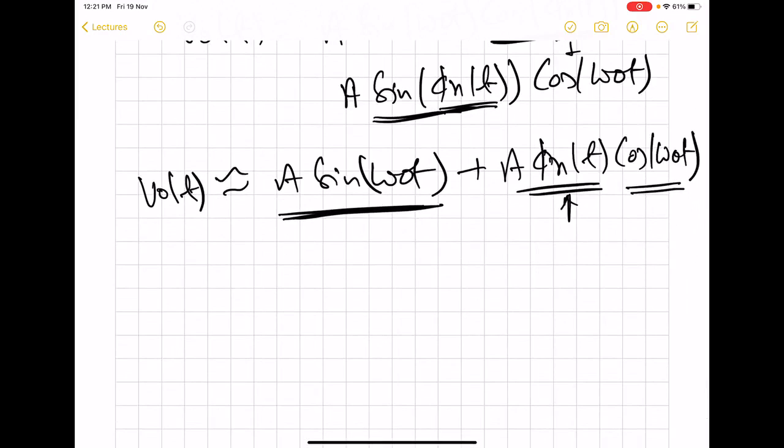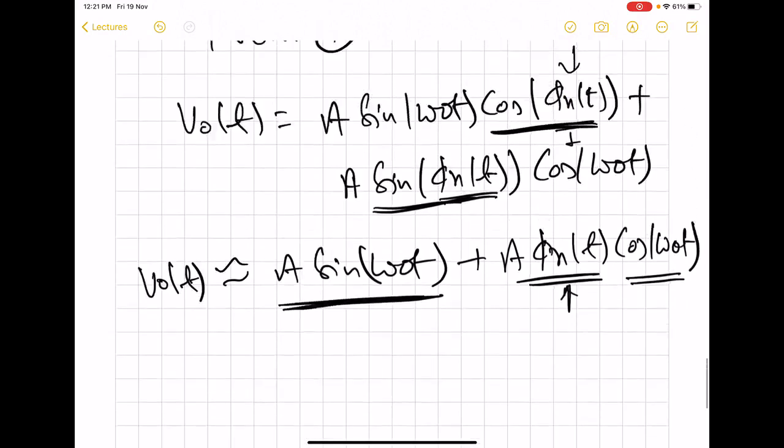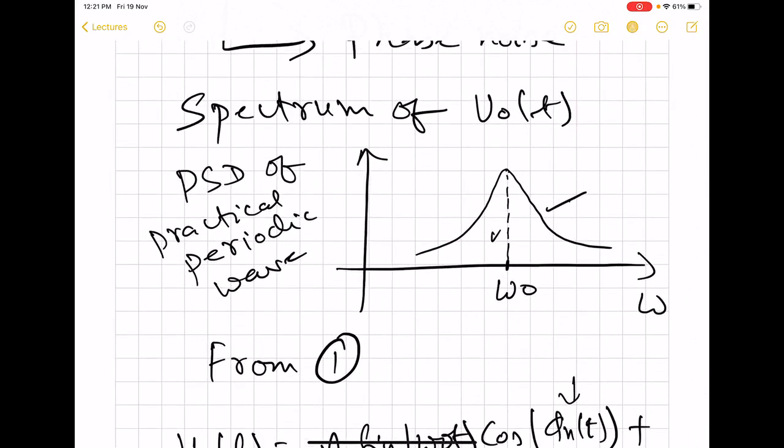So how do we specify this phase noise of a practical or real life sinusoid signal? So what we do here is that we take a certain offset from this center, say delta f, and at this offset in 1 hertz bandwidth, we measure what is the power.